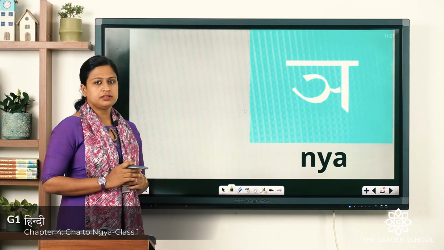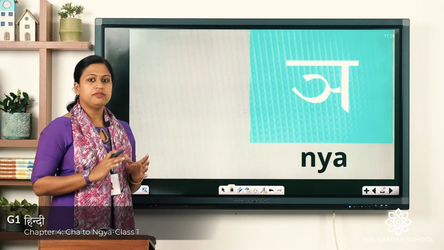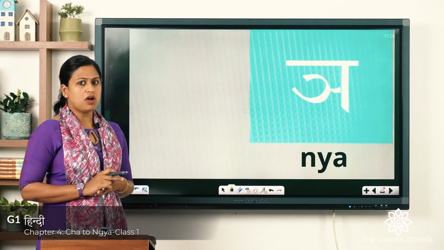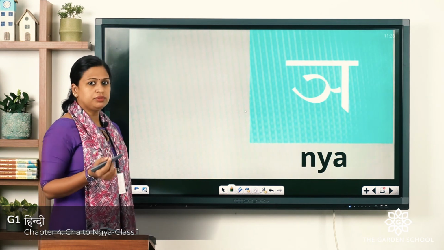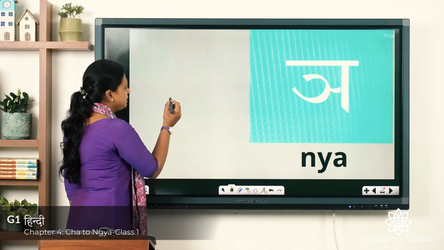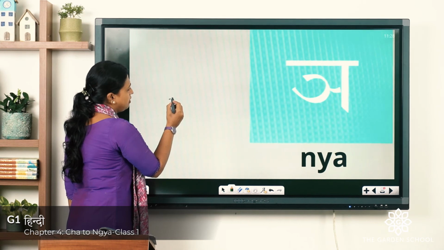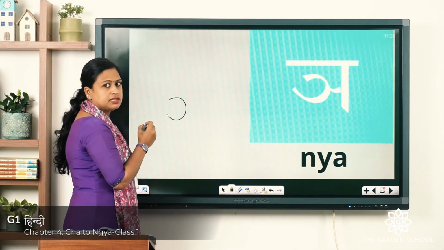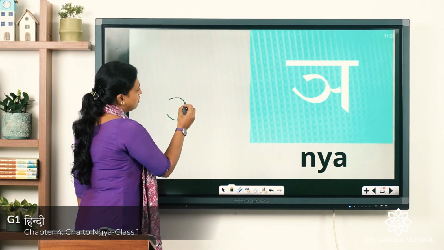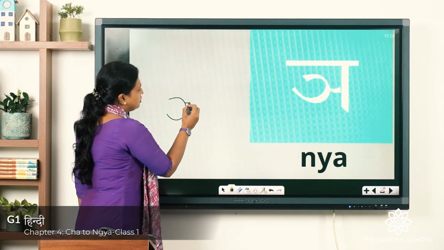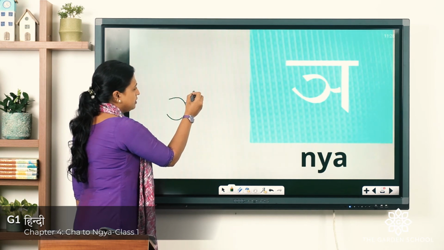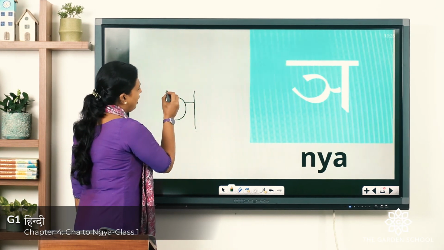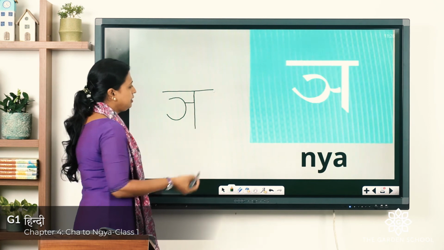Next consonant is ya. Rarely we use this consonant. Now let's see how to write it. You have to write it in your notebook along with me. So first you have to draw inverted C, short sleeping line, standing line, and on the top sleeping line.